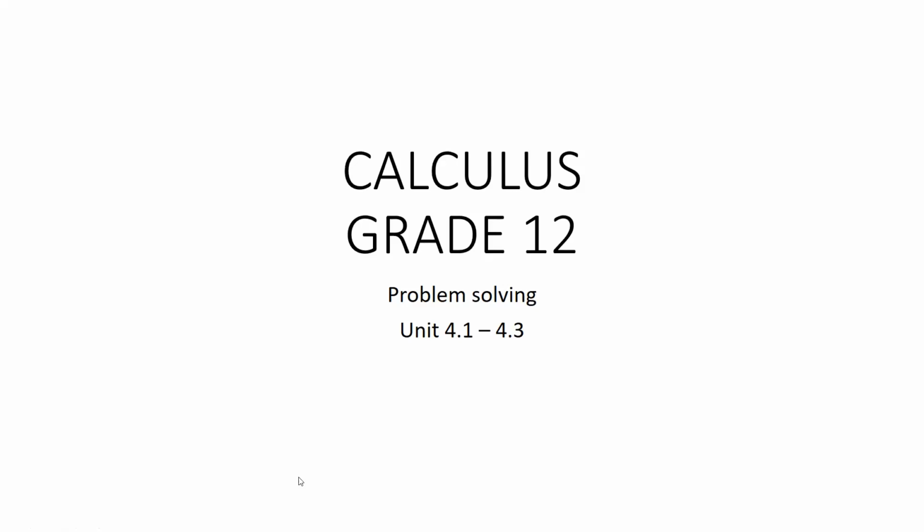So hello everyone, welcome to the class Calculus Grade 12, and today we're going to practice problem solving for units 4.1 to 4.3, in which we covered advanced techniques of curve sketching.